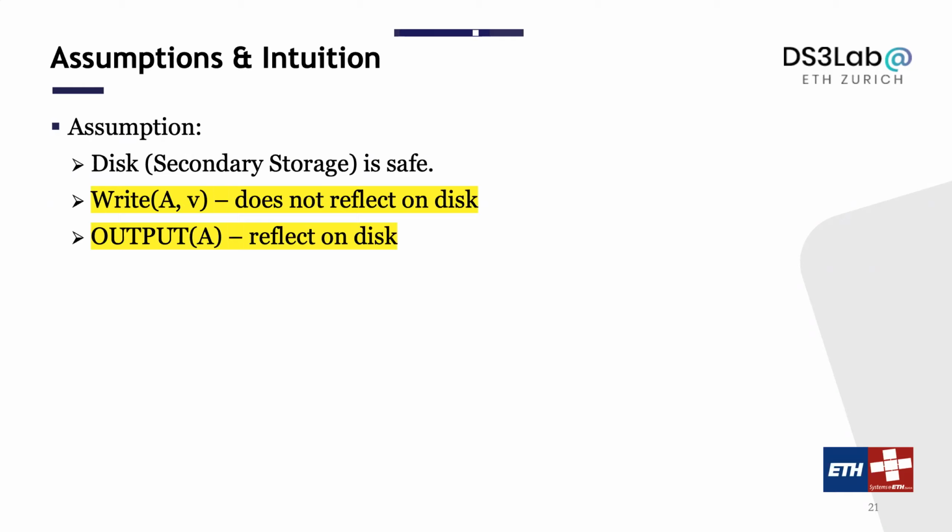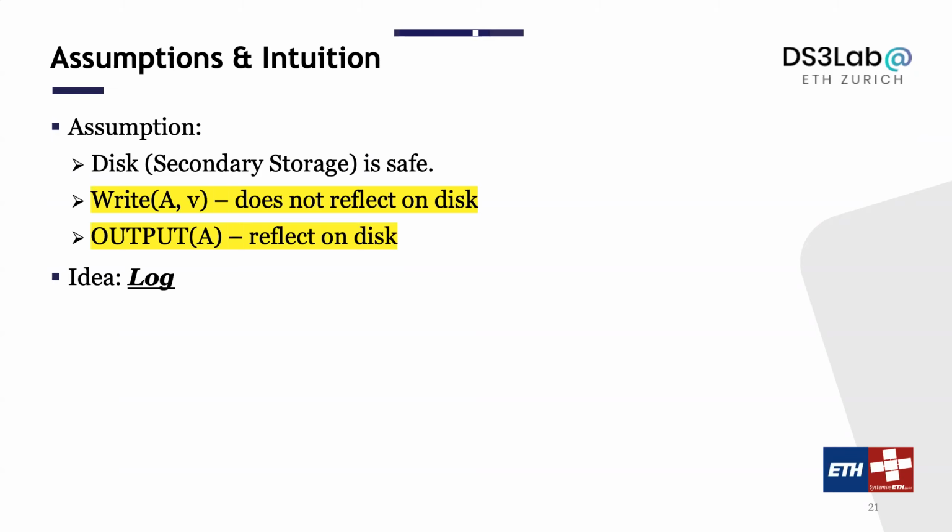It gets reflected only when I output it explicitly, flush it out. Essentially, we start to look into more details about the interaction between the memory buffer and the hard drive. When we talked about isolation, we didn't have to do it. Now when we talk about recoverability, we need to open it up a little bit. From now on, when I write something, it's in memory. When I output something, you bring that in-memory variable and put it on disk. So that's our assumption, and that's different from last week.